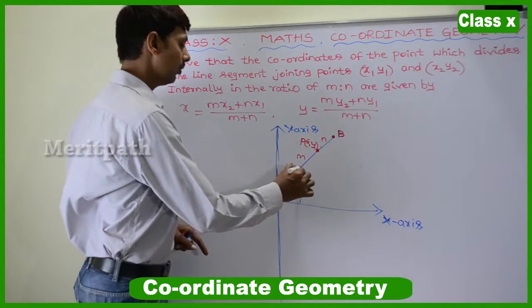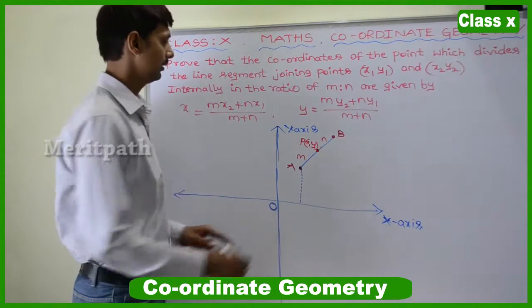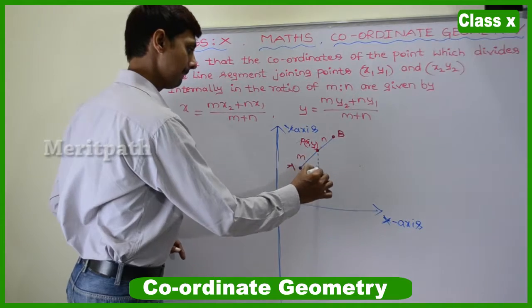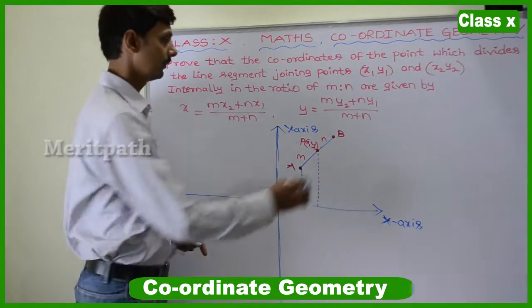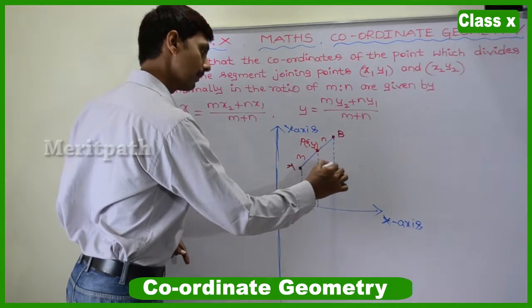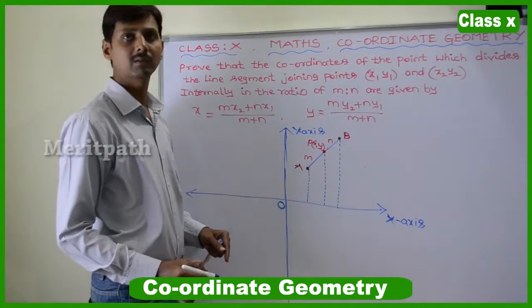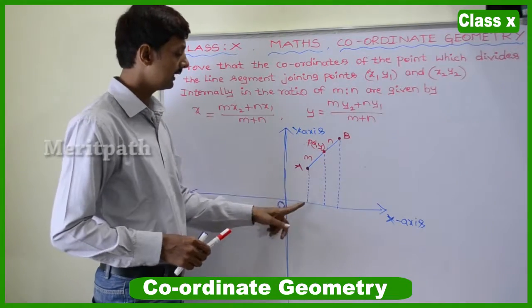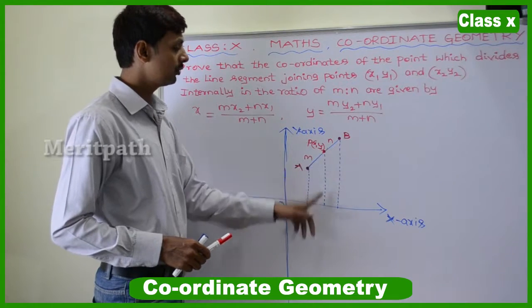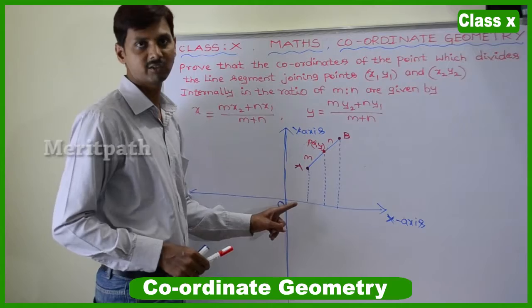We also draw from P to OX another perpendicular line, and from B to OX another perpendicular line. We have drawn the three perpendicular lines, that is from A to OX, P to OX, and B to OX.